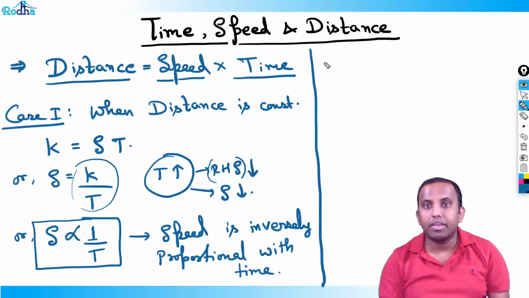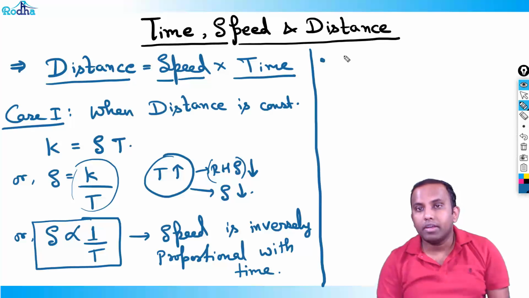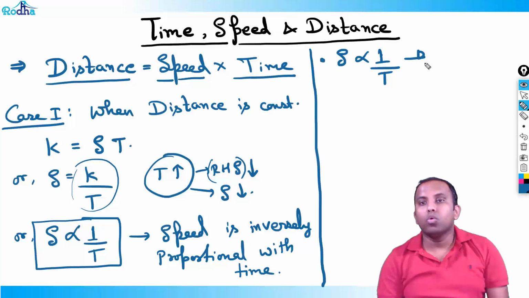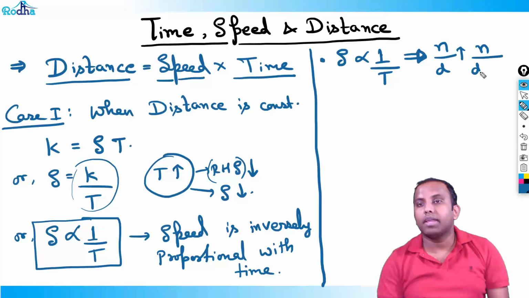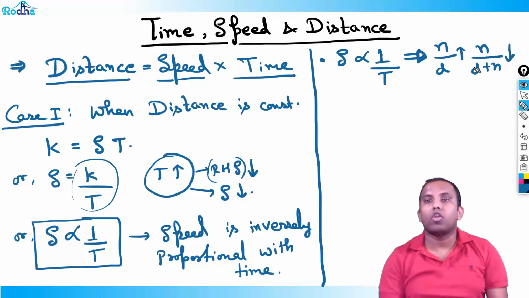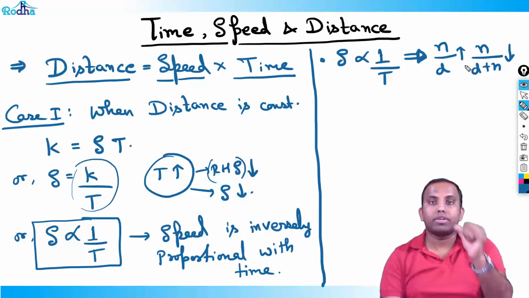Here I can write, speed is inversely proportional to time. When two quantities are inversely proportional, as we discussed in percentage, if one quantity increases by n by d, the other one decreases by n by d plus n. We discussed a lot of this in percentage and profit and loss.